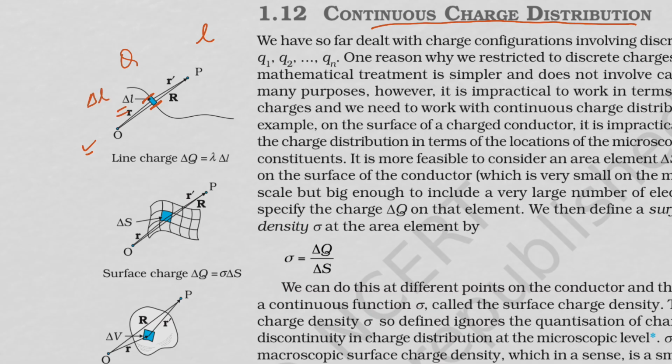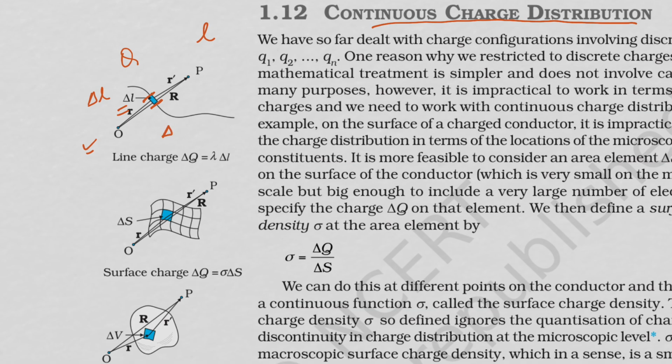Now what would be the amount of charge in this small length of the line or the wire? Let's say that small amount of charge is delta Q. It's not the whole charge, but a small amount of charge, and that is actually delta L multiplied by lambda.